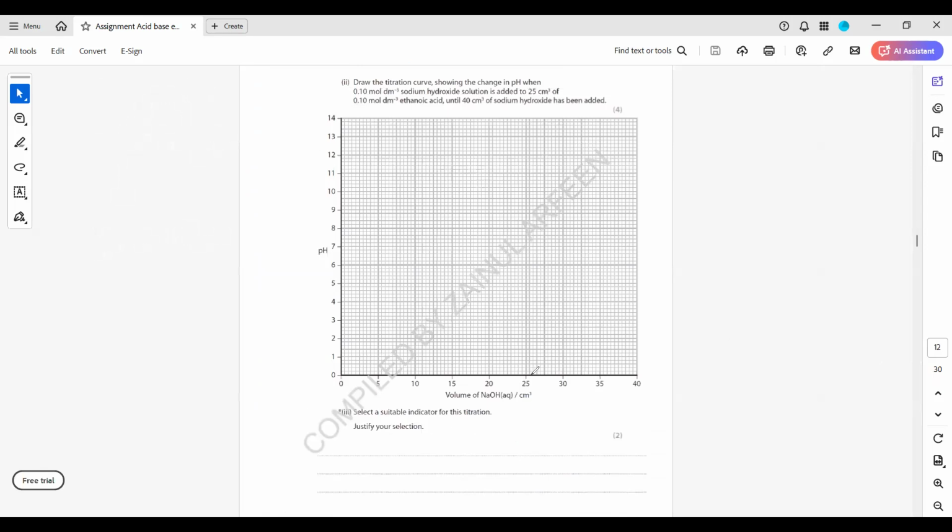So at 25 we'll have an equivalence point, and for a weak acid and a strong base, the vertical region will be 7 to 9. So from 7 to 9, we'll draw a vertical.